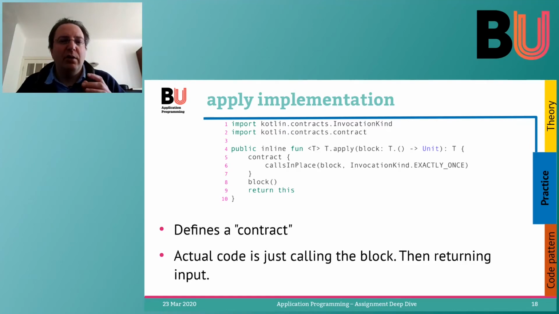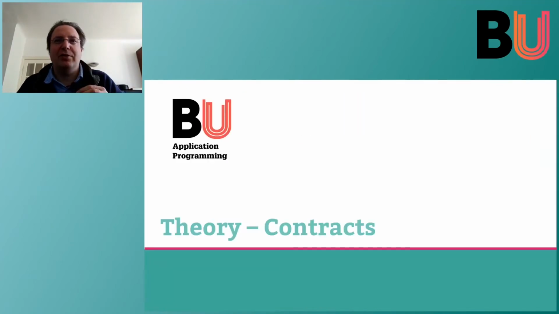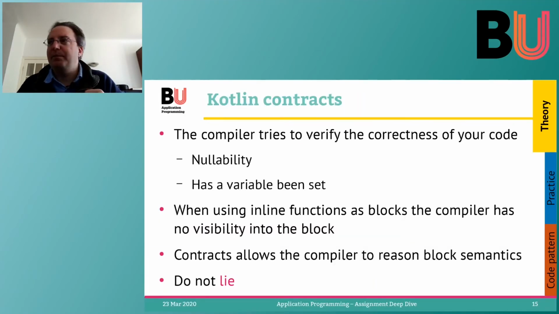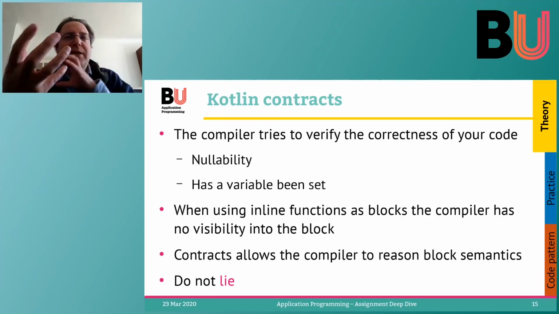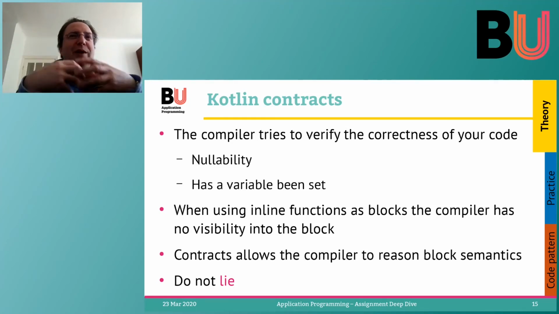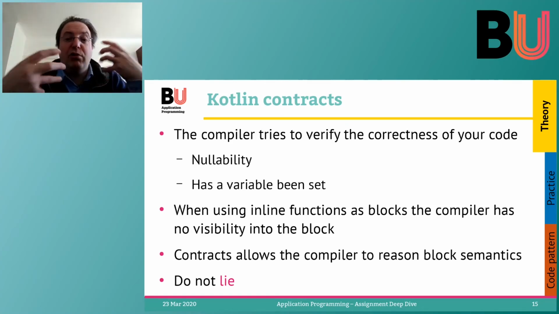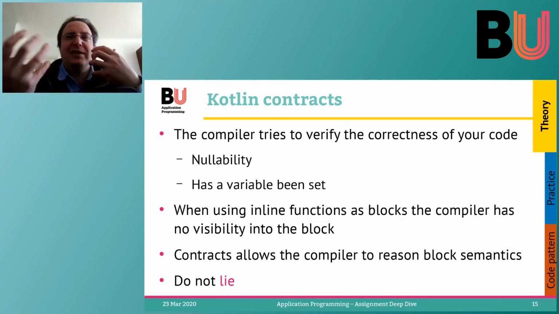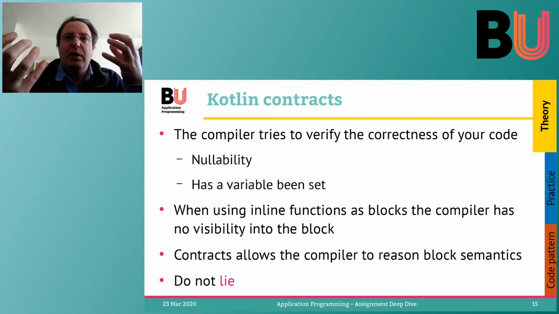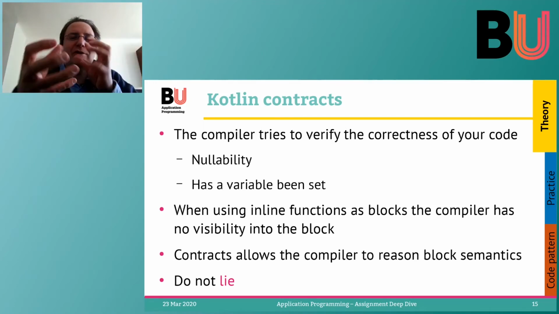So this contract business. So basically, the idea of contracts is that there are some bits that you want Kotlin to do well and to use your lambdas, or your lambda-taking functions, as control structures, but the compiler doesn't really have visibility inside this.